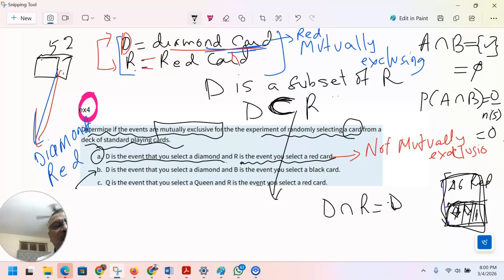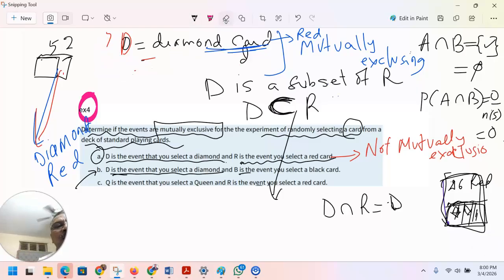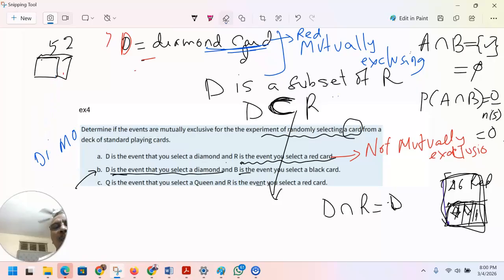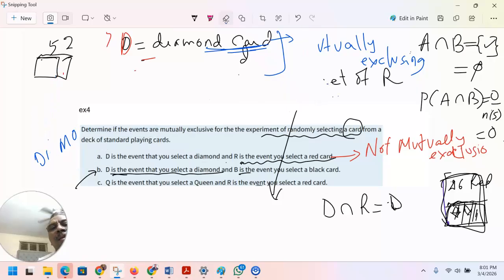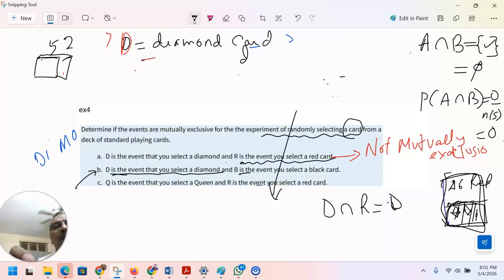And the next question: D is the event that it is a diamond, and this time the second one changes. B is the event that you select a black card.